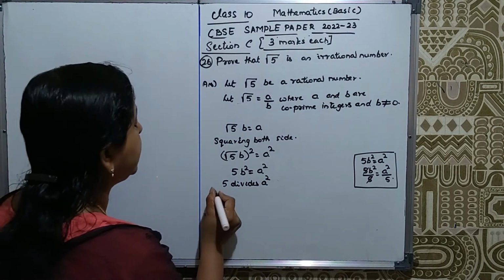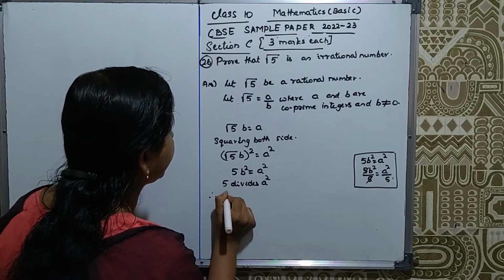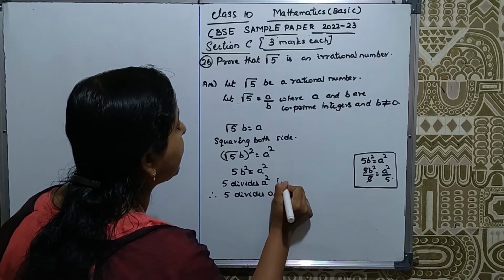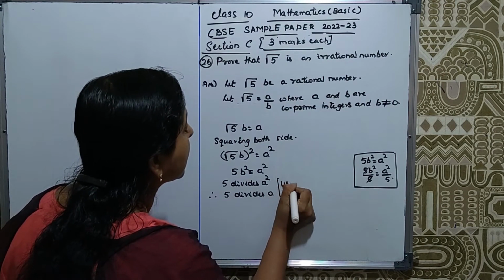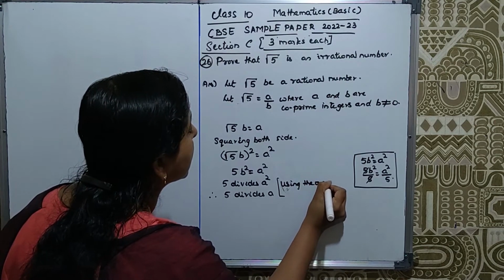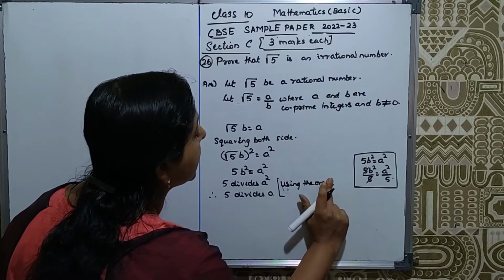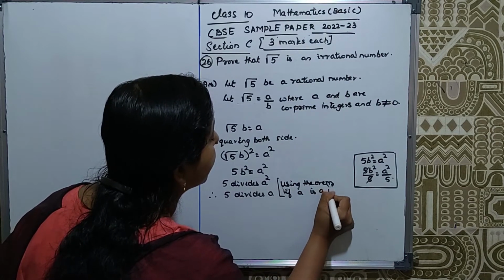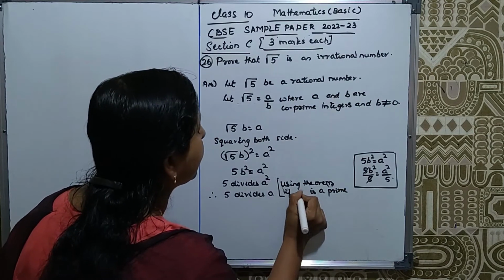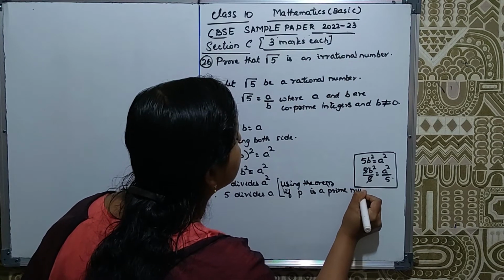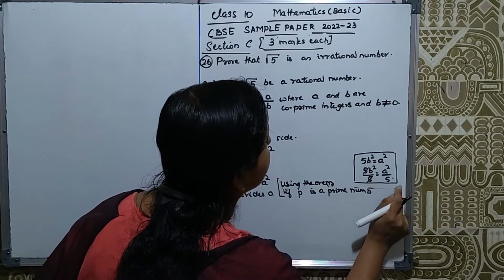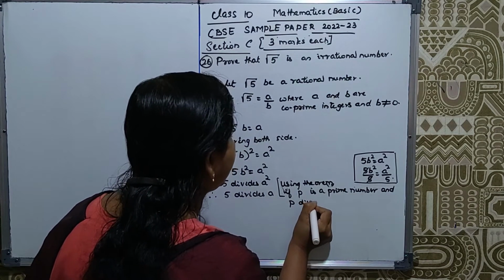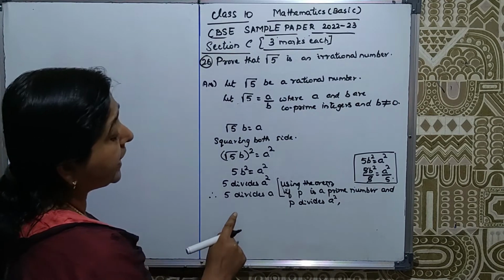If 5 divides a squared, then 5 divides a. It is based on the theorem: if p is a prime number and p divides a squared, then p divides a also.